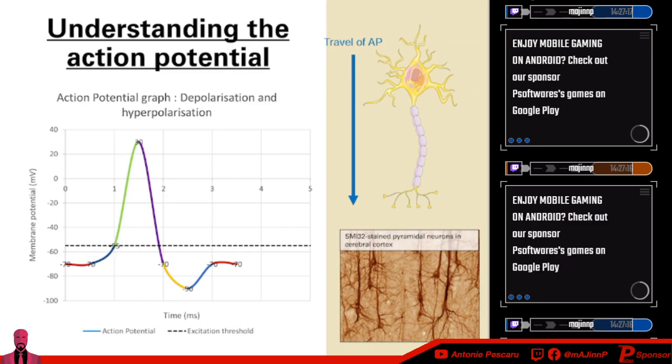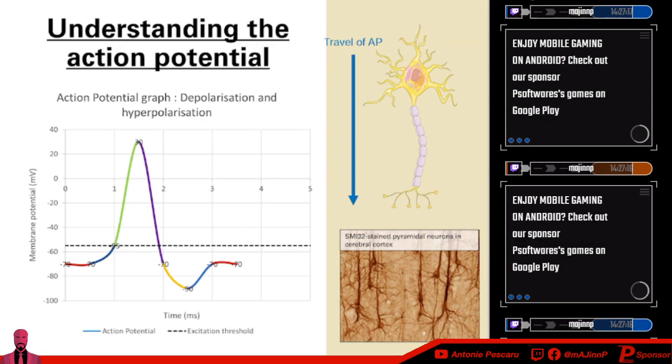And that's called our hyperpolarization. Because what's going to happen is that going towards plus 30, if we go back to the green line, the voltage gated ion protein channels are going to open up to intake.